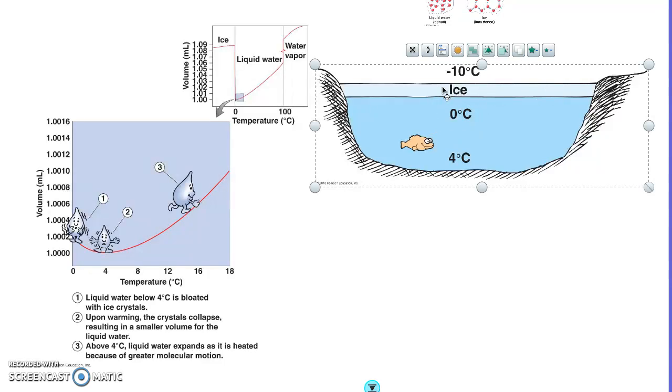Now, as the water gets colder and nears 4 degrees, it gets denser, and therefore it's going to sink. And so all this water starts sinking as it gets more dense. But if it gets colder than 4 degrees before it sinks, it begins to form ice crystals, which make it float. And therefore we get a sheet of ice up here.